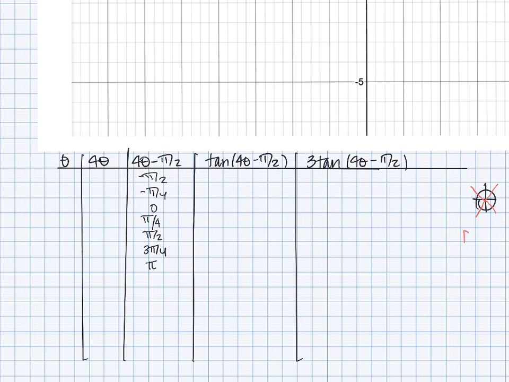Also remember that the period of the regular old tangent function is pi, which is why we only need to go from 0 to pi in order to cover one full complete period of the tangent function. I'm going to include a couple more points just so we can see what's happening on our graph. I'll include 5 pi over 4 and 3 pi over 2.